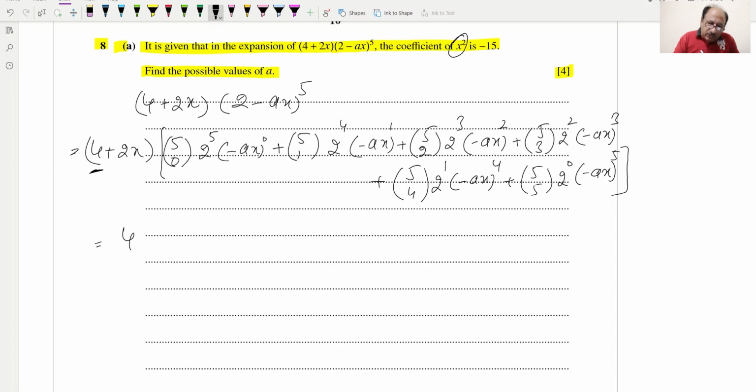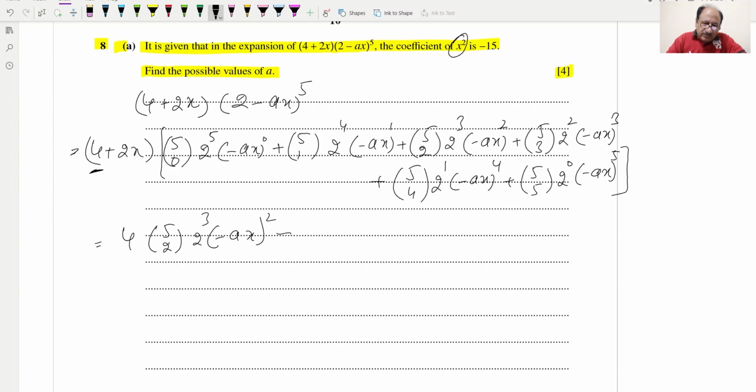So 4 into 5c2 and 2 raised to the power 3 and (minus ax) squared, this one. So this will be the one term which will be giving us x squared.